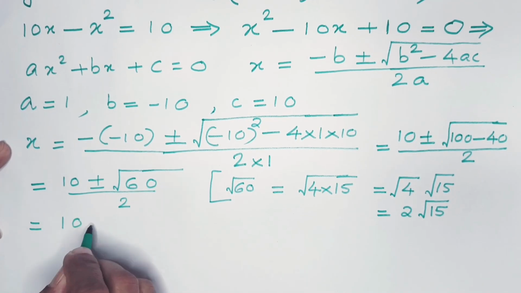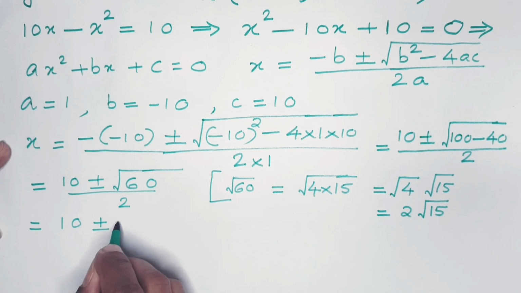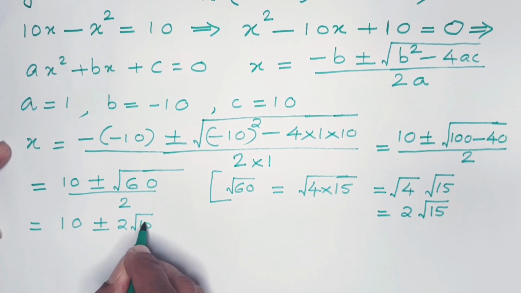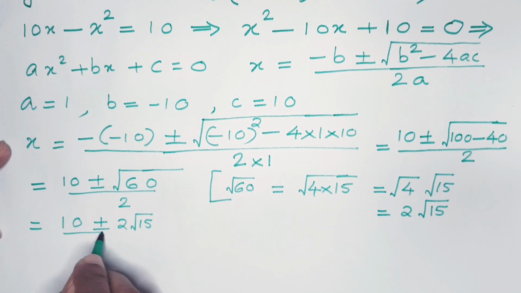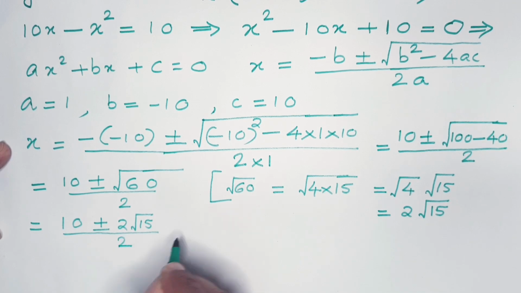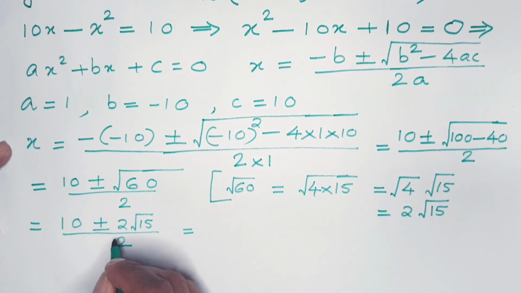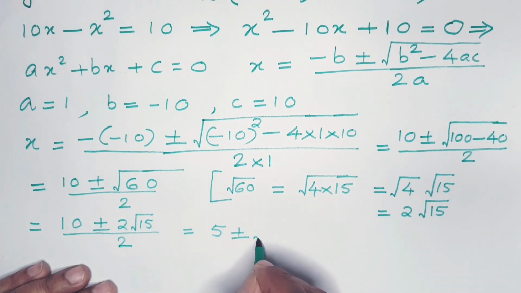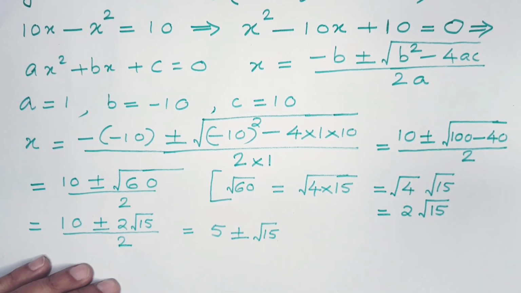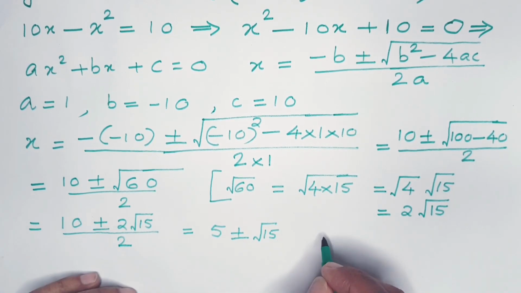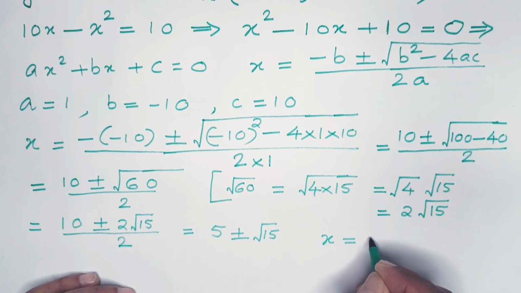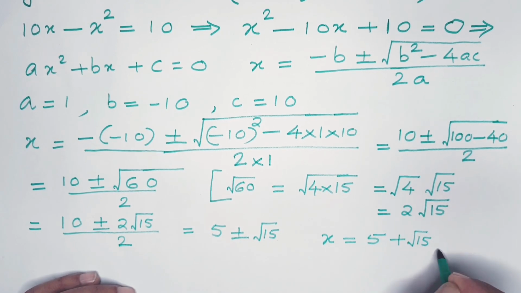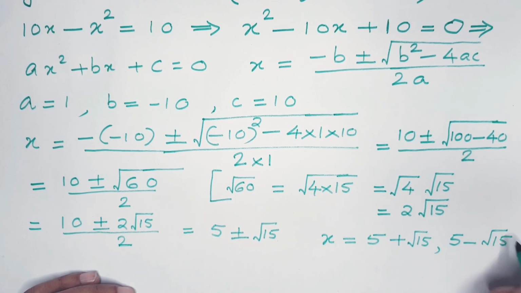So you have 10 plus or minus 2 root 15 in place of square root of 60, the whole divided by 2. Now if you divide each of these terms by 2, 10 by 2 is 5, and these two will cancel out, you will have square root of 15. And we have two roots. So the values of x are x equal to 5 plus square root of 15, and the second value is 5 minus square root of 15.